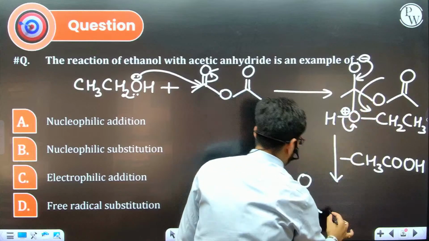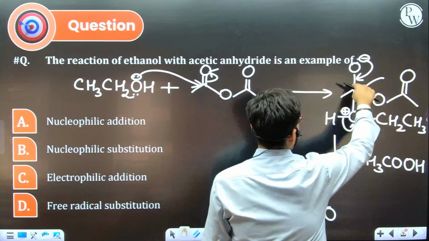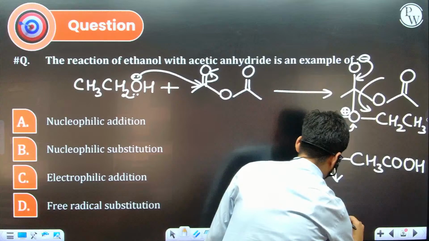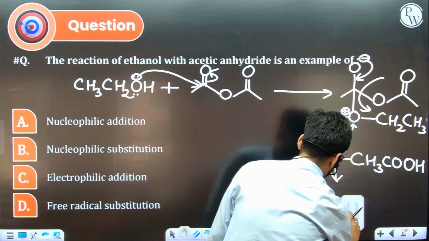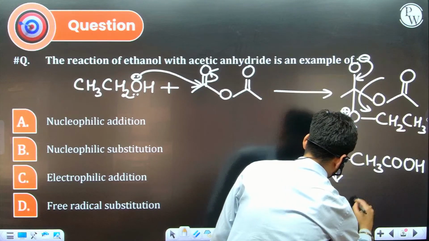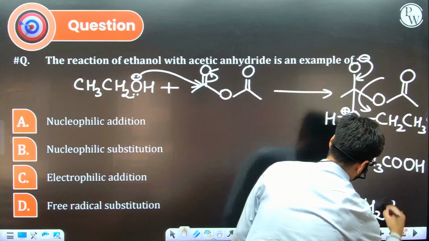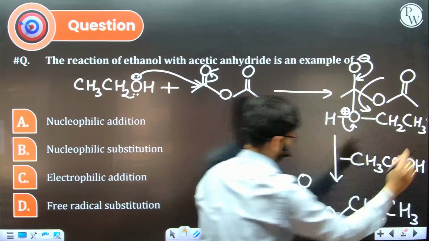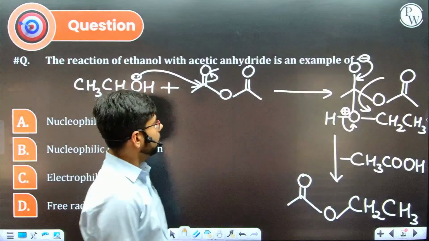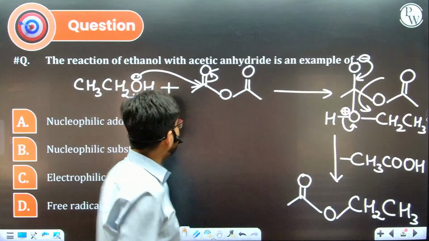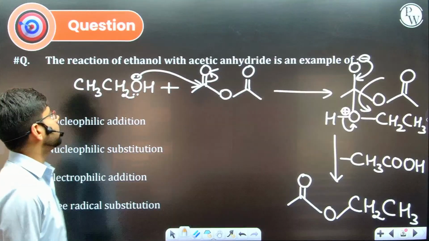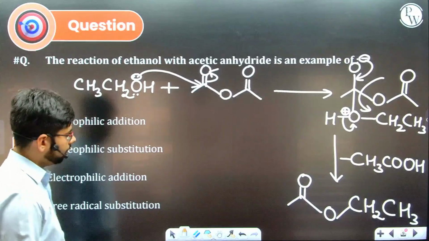Then we have O, this O, and then CH2CH3. So this is the product obtained when ethanol undergoes reaction with acetic anhydride.